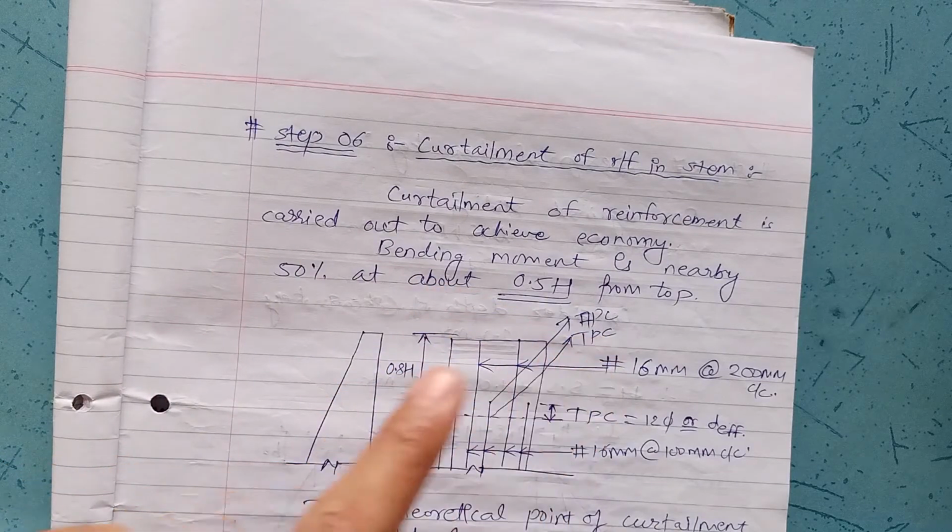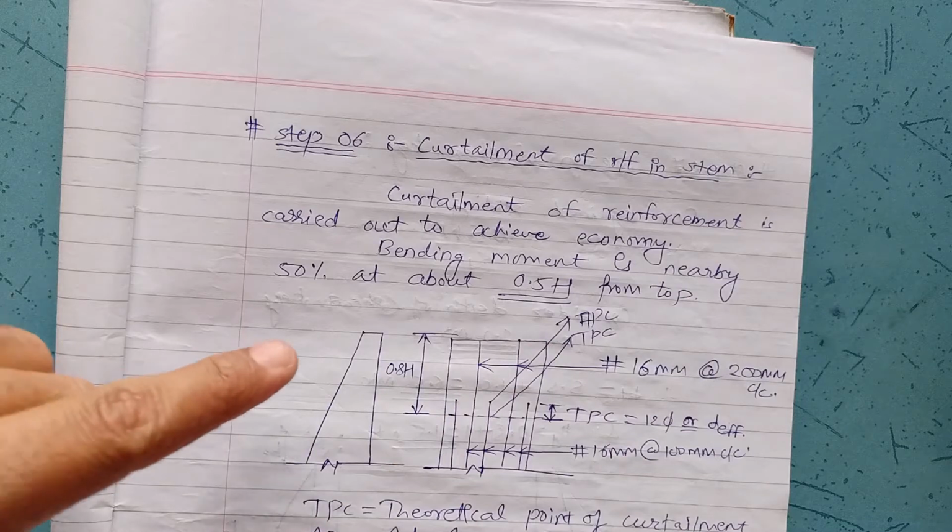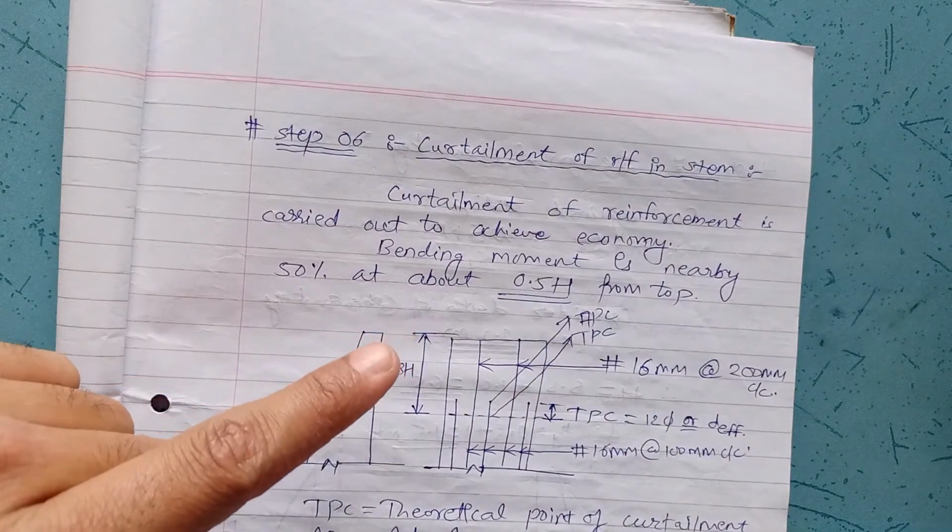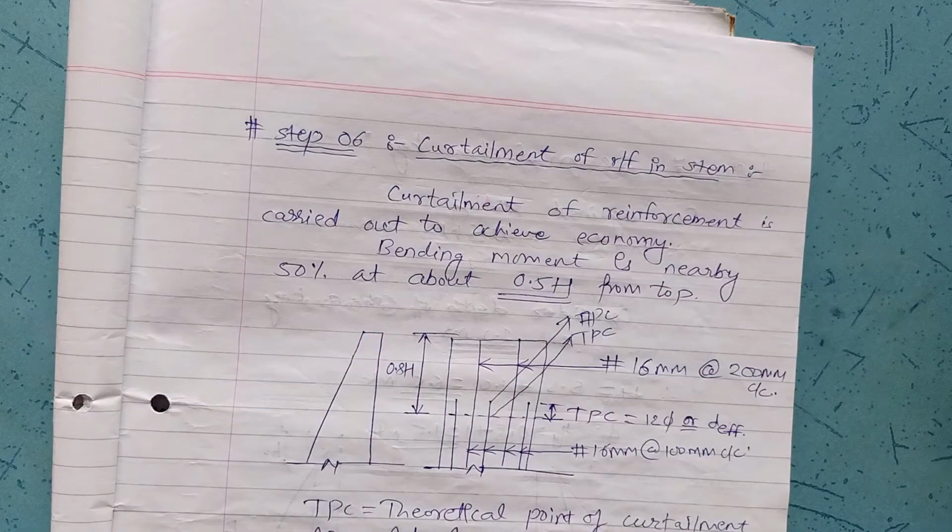Now bending moment is nearly 50% at about 0.5 H from the top. Actually, what is this?